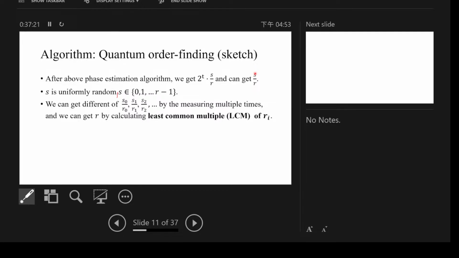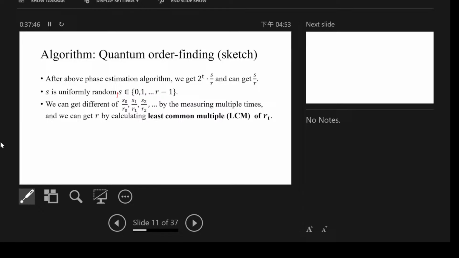You get many different s over r: s0 over r0, s1 over r1, etc. And you can get your r by calculating the least common multiple of all those denominators. So that's a sketch of the order finding algorithm. I'll stop here for a little bit. Any questions so far?